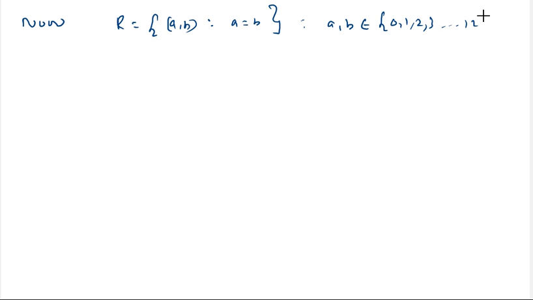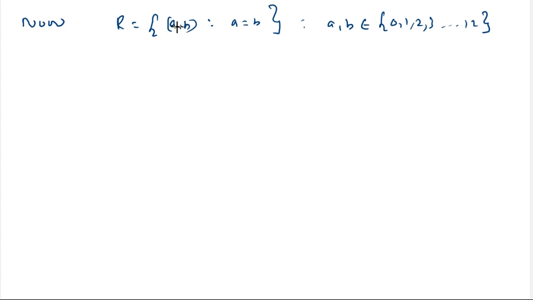Now R is a relation A comma B such that A equals B, and here the two elements A comma B belong to the set 0, 1, 2, 3 up to 12.